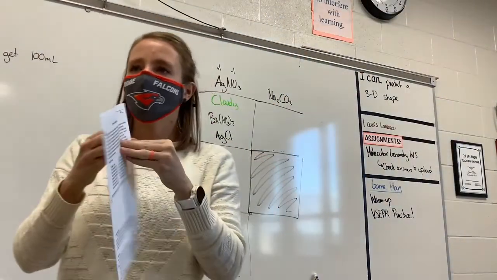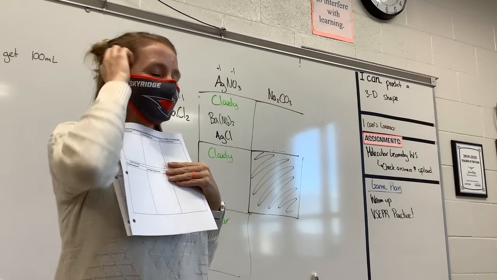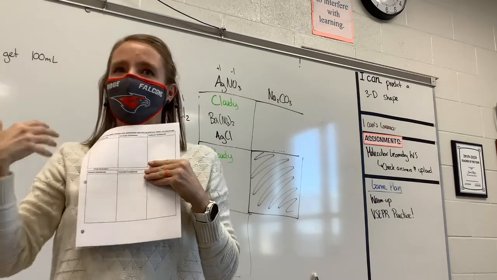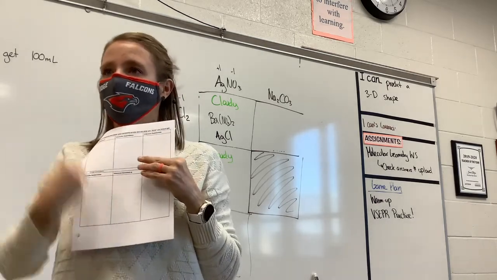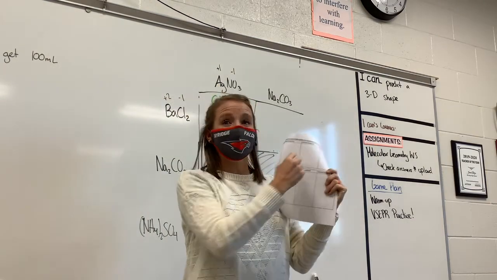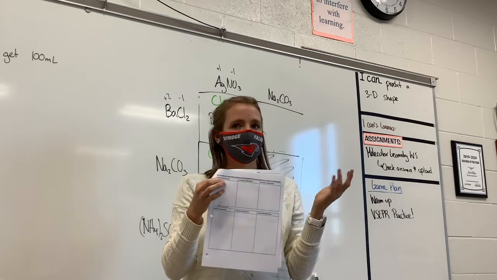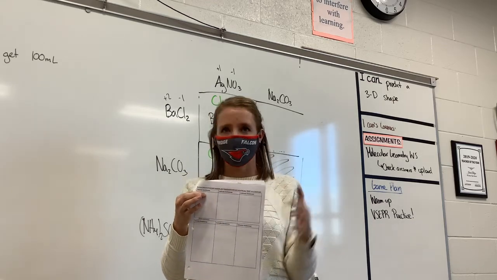So if you go to your lab packet, turn to the second page. This list is where you are going to sort everything you made into soluble or insoluble. Once again, reminding you that insoluble means it's a precipitant, soluble means they're just floating around, those are your spectators.